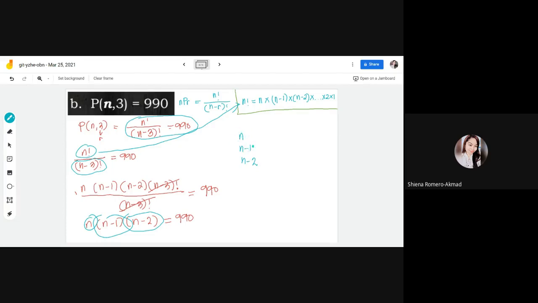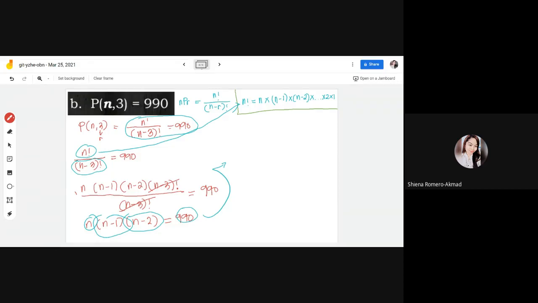Kasi pag ganyan yung nakita nyo, meaning they are consecutive numbers. 3 consecutive numbers na ang magiging value ay 990. So ano kaya yung 3 consecutive numbers na ang magiging value ay 990?